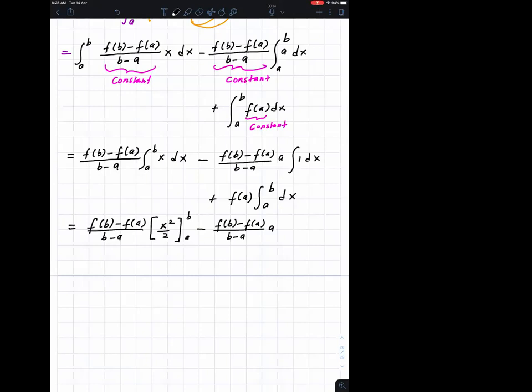The integral of 1 dx is just x, with lower limit a and upper limit b. Then plus the integral, again you have just 1 here, for example just dx or just 1. They are both the same thing. You can just leave it as dx. You don't have to put 1. So the integral of dx is x.